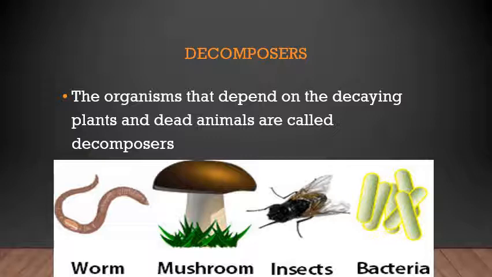If the body does not get decomposed, it starts stinking, it starts oozing out. It is not good for the environment. So worms, mushrooms, insects and bacteria help in decomposing the dead bodies of different animals and plants. Even the bodies of human beings are decomposed by these organisms only.